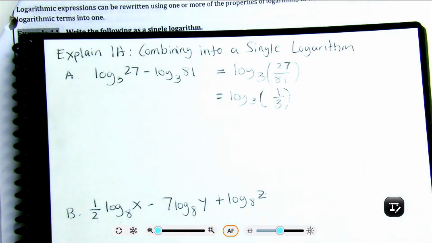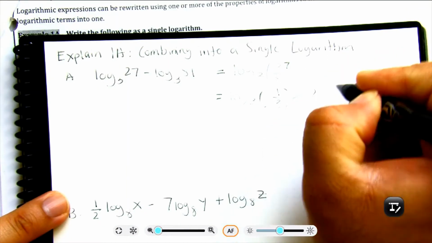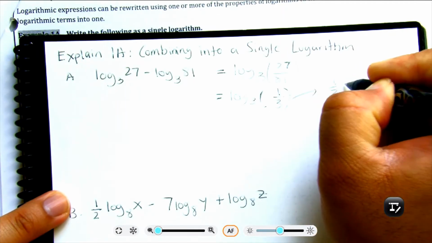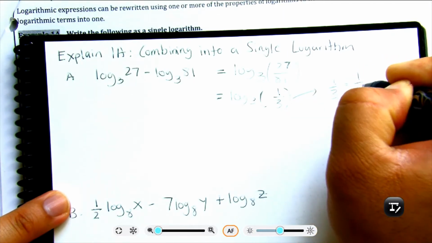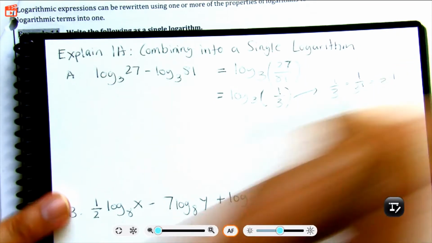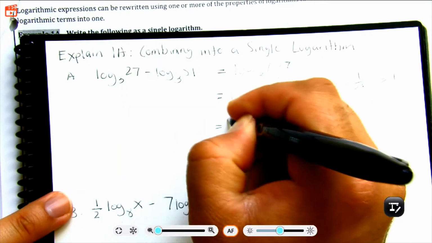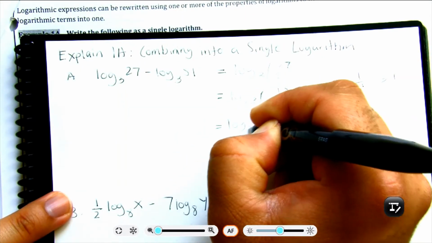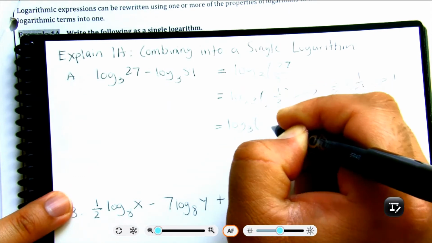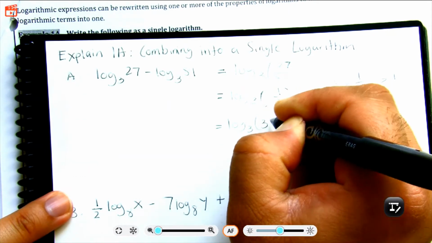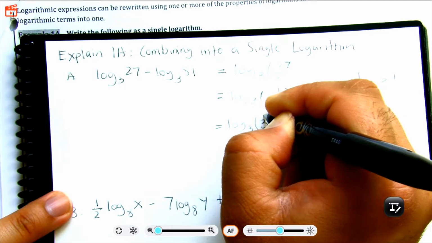Now 1 over 3 can be written as a negative exponent. So I'll do this on the side here. 1 over 3 is the same as 1 over 3 to the first power, which is the same as 3 to the negative 1 power. So this is equal to log base 3 of 3 to the negative 1 power.